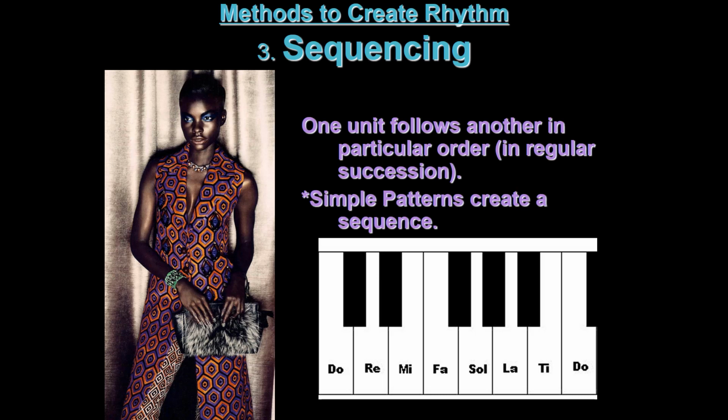A simple pattern, for example, would create a sequence. Like in this example, the jumpsuit's geometric pattern, if you look closely, moves our eye from one unit to another, and it repeats itself in a very sequential type of order.